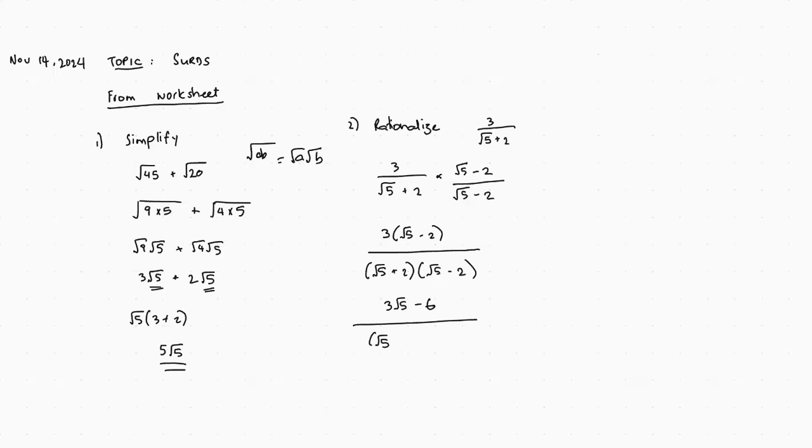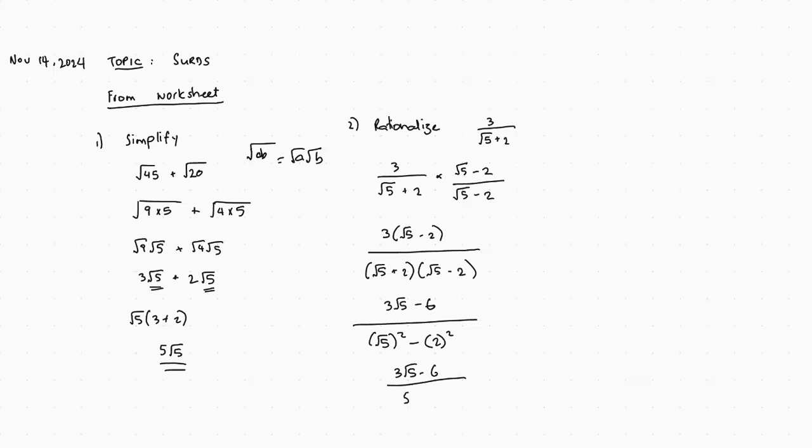All right, because of course it's a difference of squares. When you expand it, the middle term is actually 0. So I have 3 root 5 minus 6 all over root 5 squared, which will give us 5, minus 2 squared, which is 4.